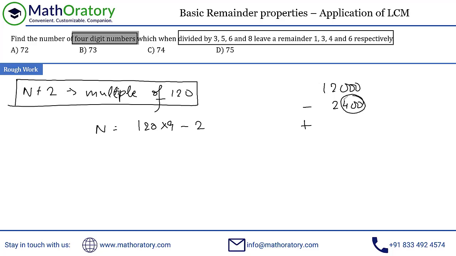If I add 240 to this, it still remains a 4-digit number, no issues. If I add 360 to this, I'm just focusing on this 400. As soon as I add something more than 400, it should go back to a 5-digit number, right? So 360 added is still acceptable. 480 added will take it back to 5 digits.